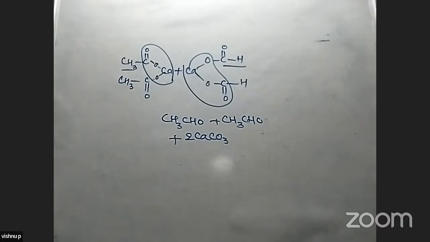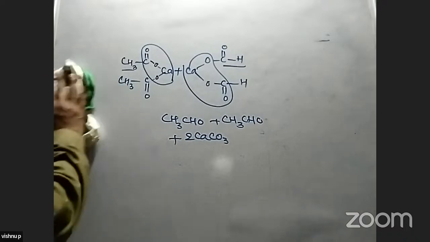So based on the structure of two different carboxylic acids, we get what type of compound? Acetaldehyde, which is the common name, or we can call it ethanal, is formed in this reaction.